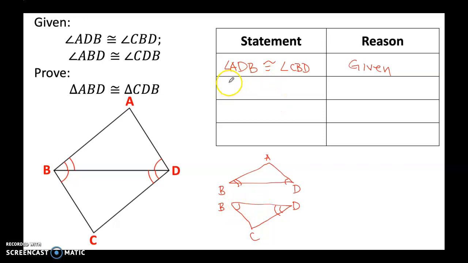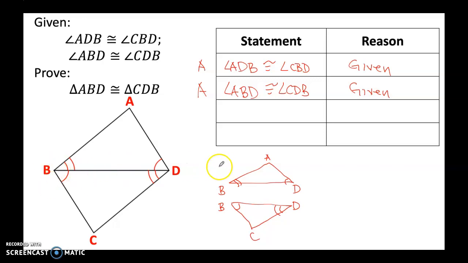Another, we have angle ABD congruent to angle CDB, reason given. So this is angle ABD with two arc markings and angle CDB with two arc markings. So we have the two angles. We only need one more part of the triangle to prove that the two triangles are congruent.